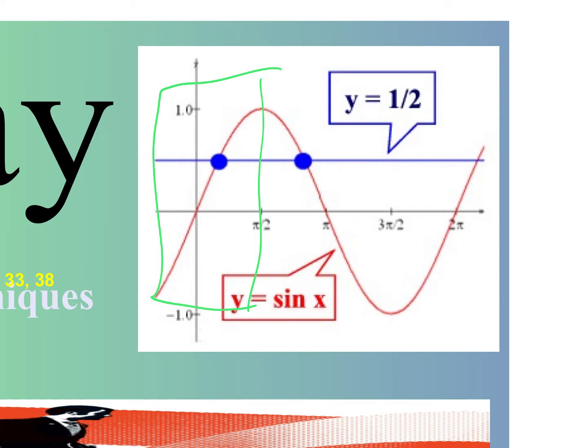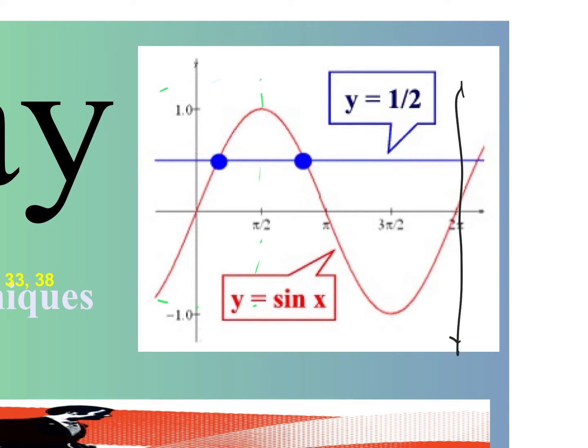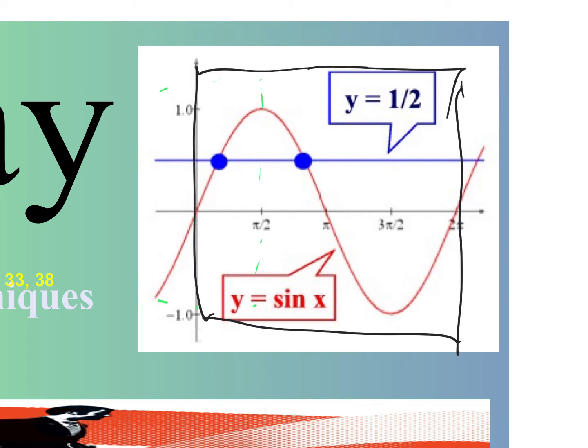If this was not inverse trig, which it isn't, then it would usually be limited to between 0 and 2 pi. If I go from 0 to 2 pi, that's going to be like in here. Do you get that I just missed a third solution by cutting it off right there?